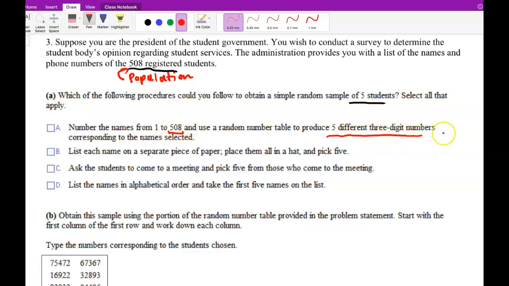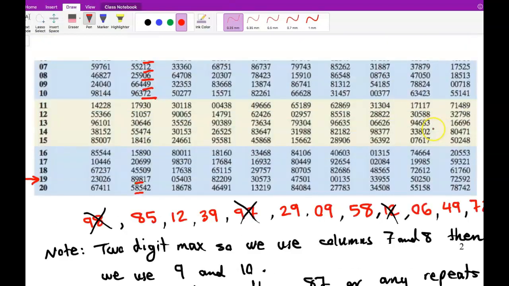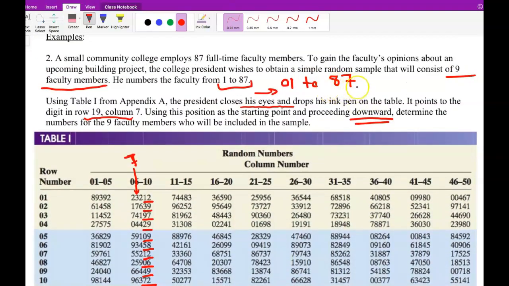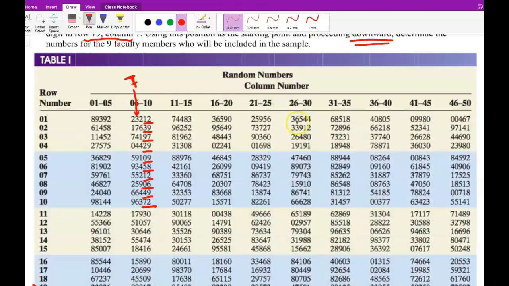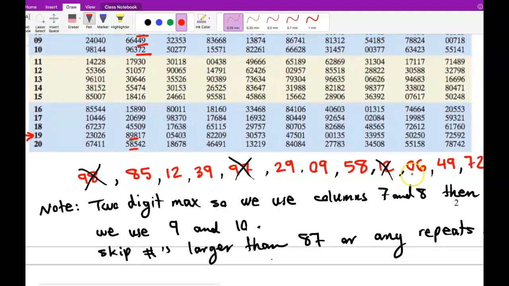In the previous example, I had 87, so I considered all these numbers as 2 digits, even 1, 2, up to 9. I wrote here 09 instead of 9, 06 instead of 6, but actually it's 9 and 6.